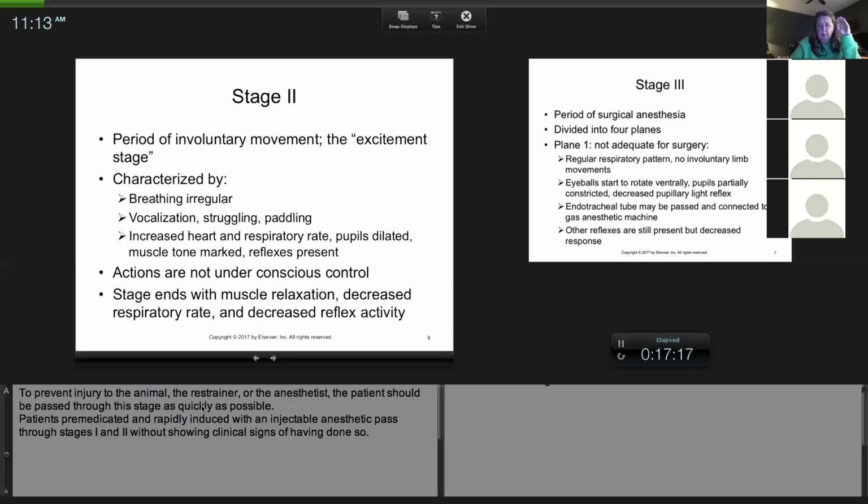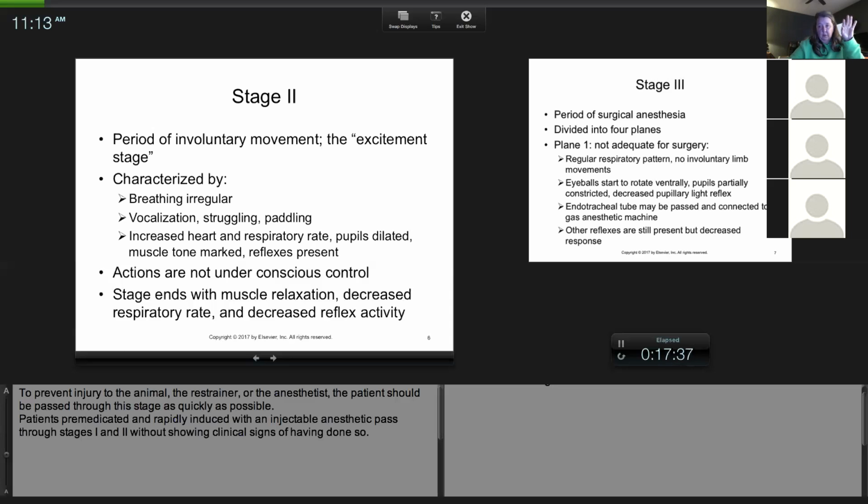When you take an animal from sedation to general anesthesia, they're going to pass through stage 2. How do I know a patient is in stage 2? If you do a really good anesthesia, you never even see stage 2.